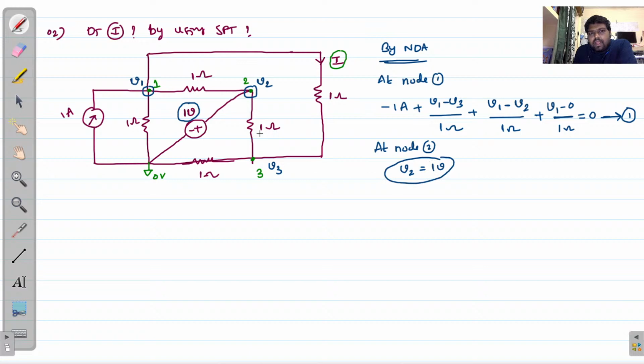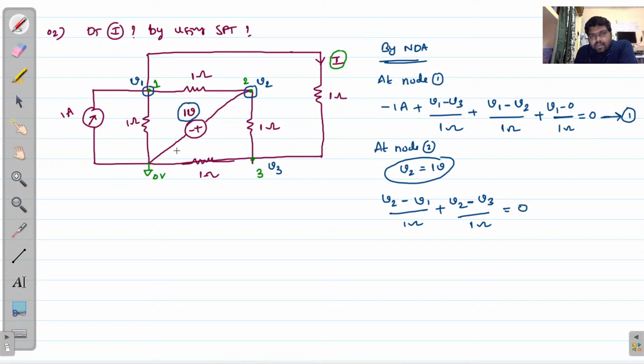If you write the expression for this node, V2 minus V1 by 1 ohm, plus V2 minus V1 by 1 ohm, and V2 minus V3 by 1 ohm, which equals 0, right?